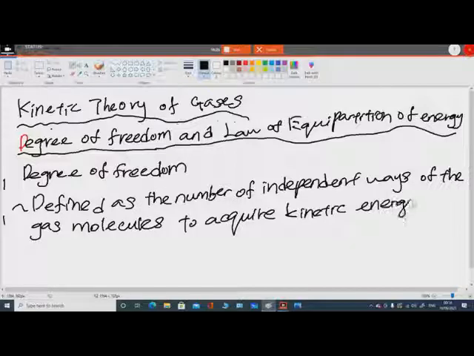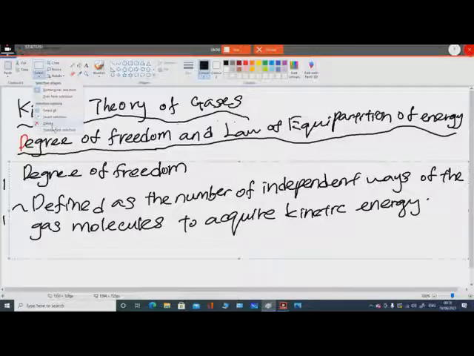So this is the definition of degree of freedom, by saying that there is a number of independent ways for the gas molecules to acquire kinetic energy. Let's move on step by step.